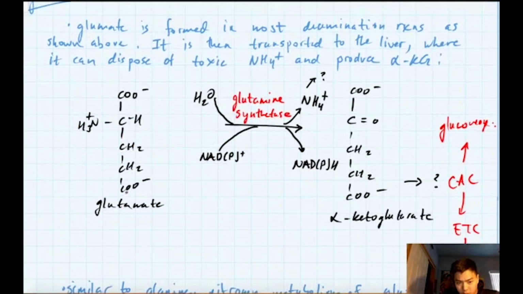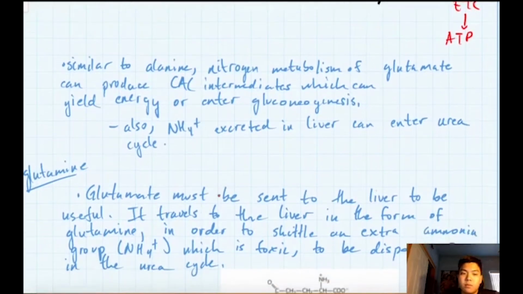And what did we say earlier? This is an important precursor in the urea cycle, all right? So not only does this process right here make a reaction that can enter the Krebs cycle, but also this is an important precursor for successful excretion of this amino group in amino acid metabolism.